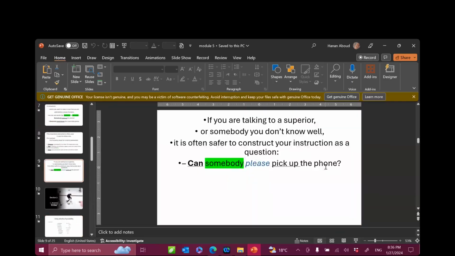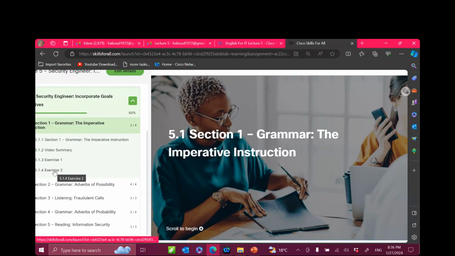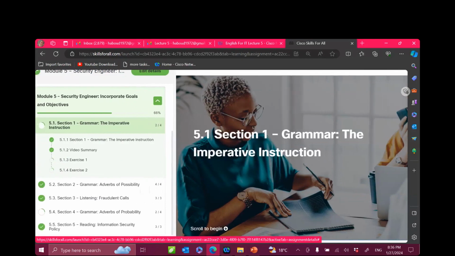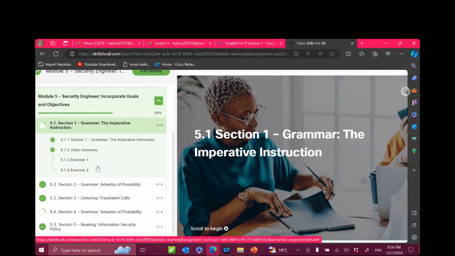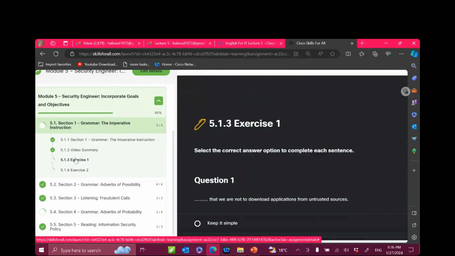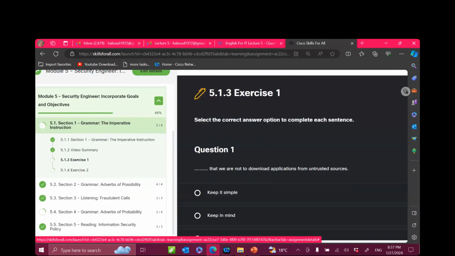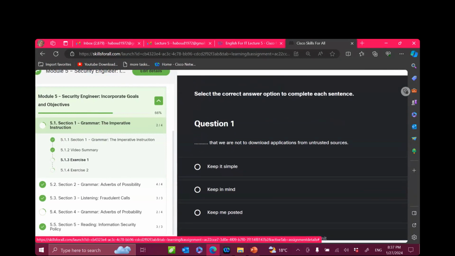let's have a look at the exercise. Exercise 1. Select the correct answer option to complete each sentence. Number 1, you are going to choose one of these.